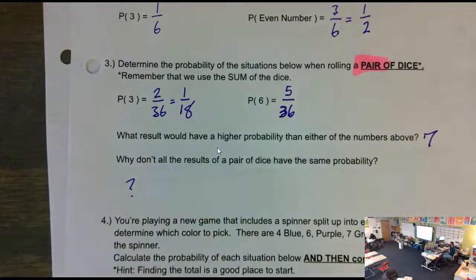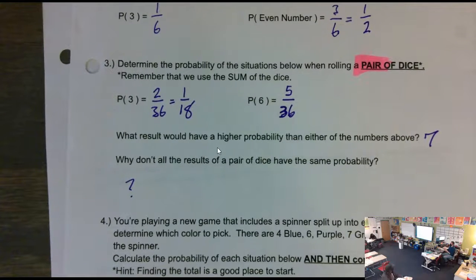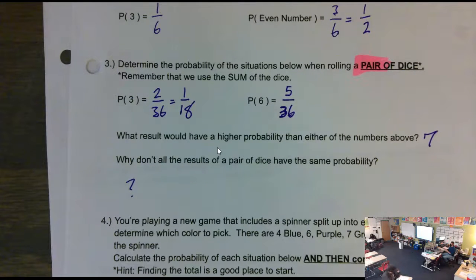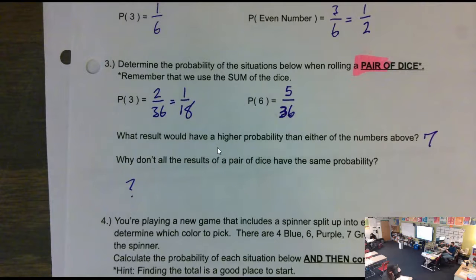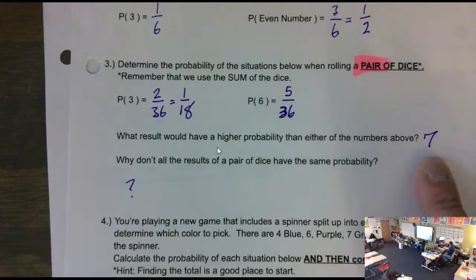The best that I read, I forget if it was this class or the afternoon, they were saying the numbers in the middle between 2 and 12 are the easiest, and they drew a little picture of 3 plus 4 and 4 plus 3 and 2 plus 5 and 5 plus 2. They just said, this is why. If you don't know how to put it in words, you can draw pictures for me, right? It's however you understand it. But 7, as we talked about in class, has the best probability because it has the most ways to be created.